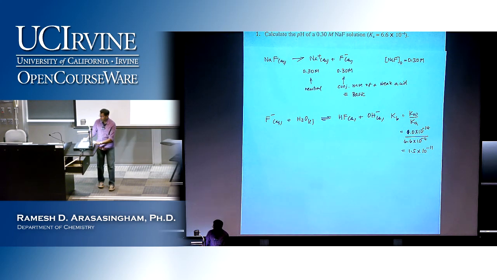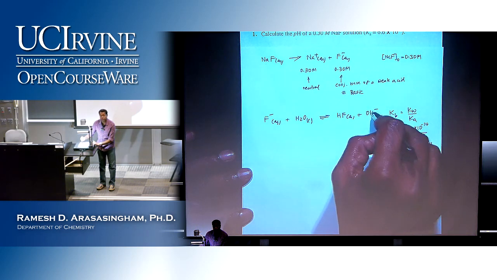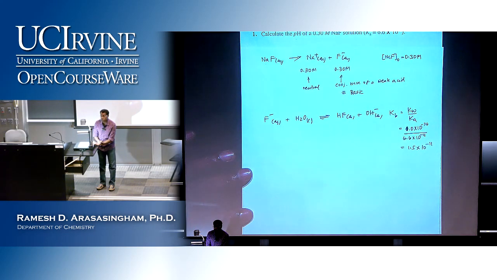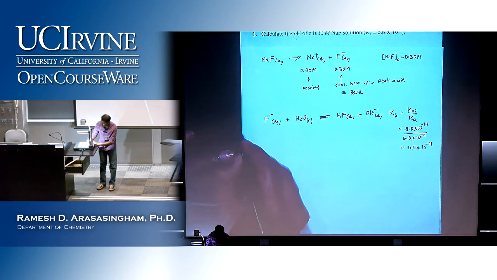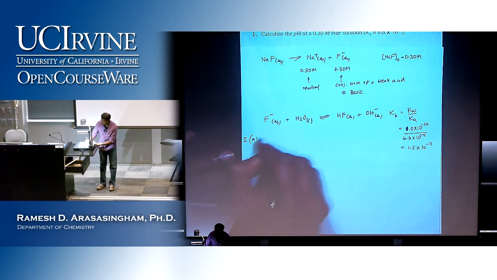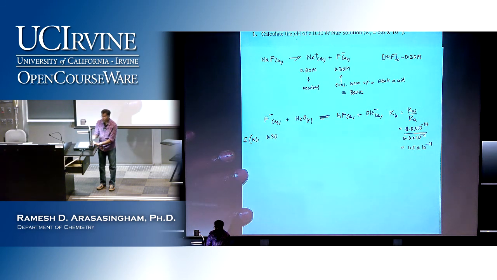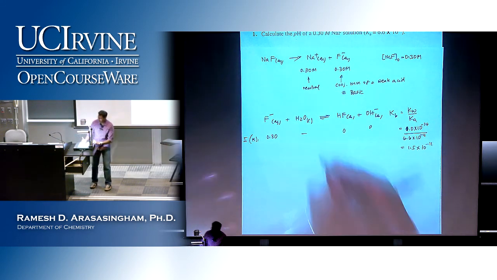All right? So now we have to figure out what is the pH of the solution. If we want to figure out what the pH is, we've got to figure out what the hydroxide ion concentration is. All right? So let me start with the initial. The concentrations are, we have 0.30 molar of F minus. We're not concerned about water. This is going to be 0, 0 to begin with. Okay?